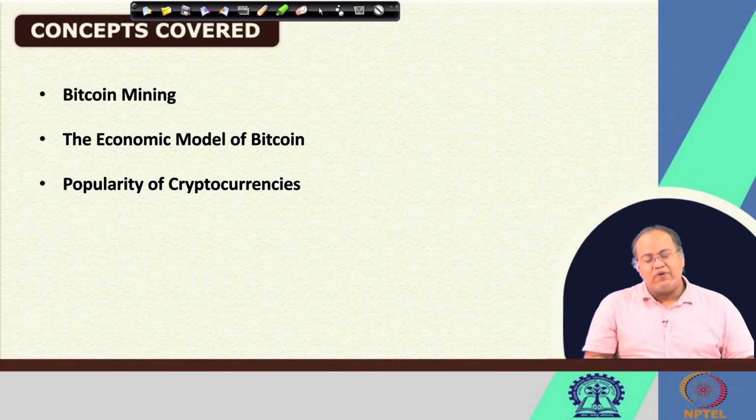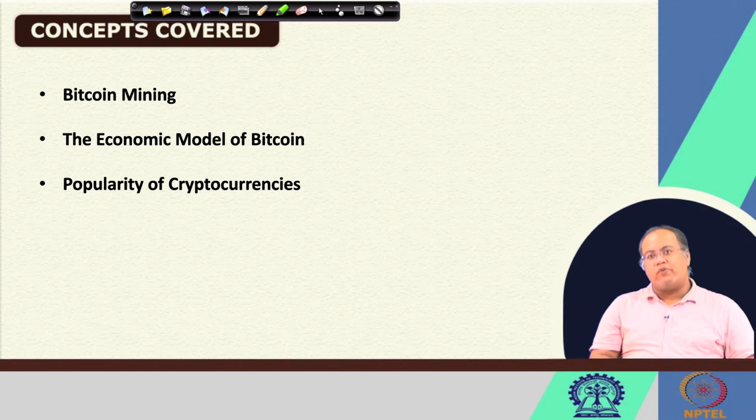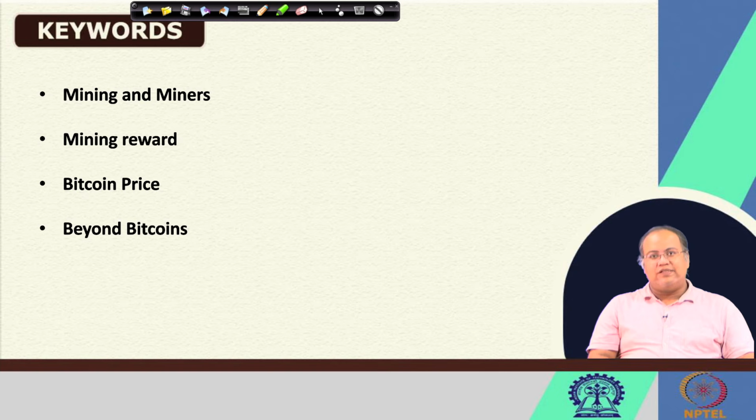Finally, we will discuss the popularity of cryptocurrencies and how they have become popular over time. The keywords are mining and miners. We will discuss the idea of mining, the mining reward, the price of Bitcoin, the different cryptocurrencies beyond Bitcoin, and the applications which are possible beyond Bitcoin.